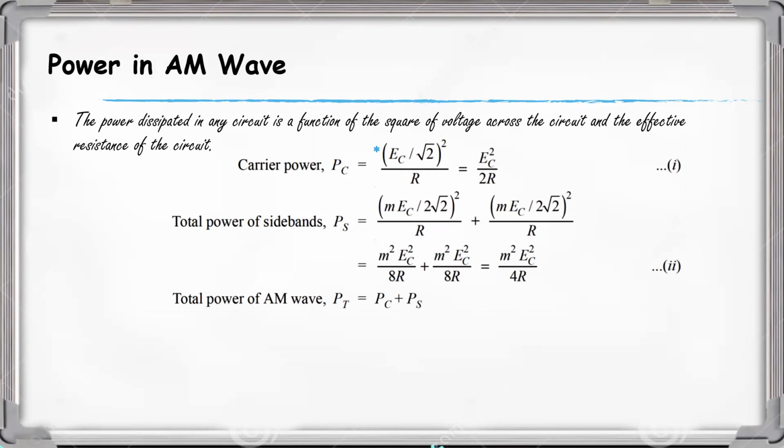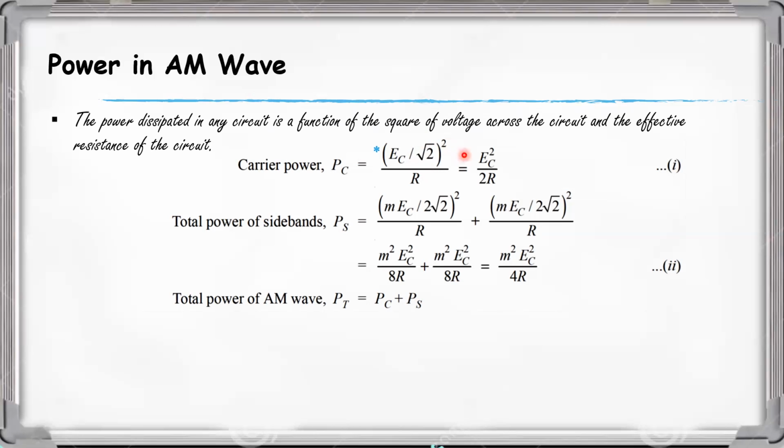So we write the expression of carrier power as PC, that is equal to EC divided by root 2 whole square divided by R. Here the root 2 comes from the conversion to RMS voltage.